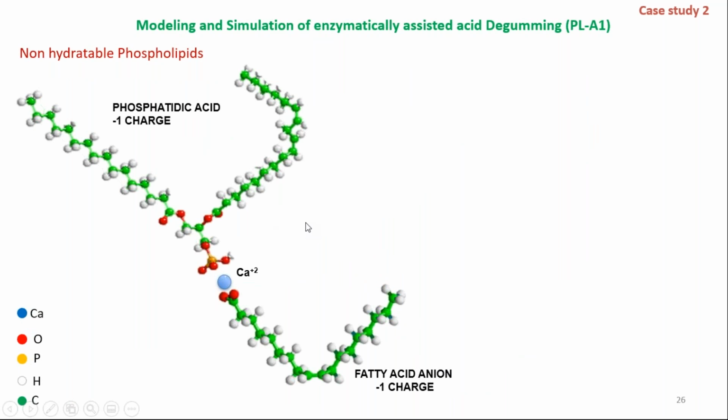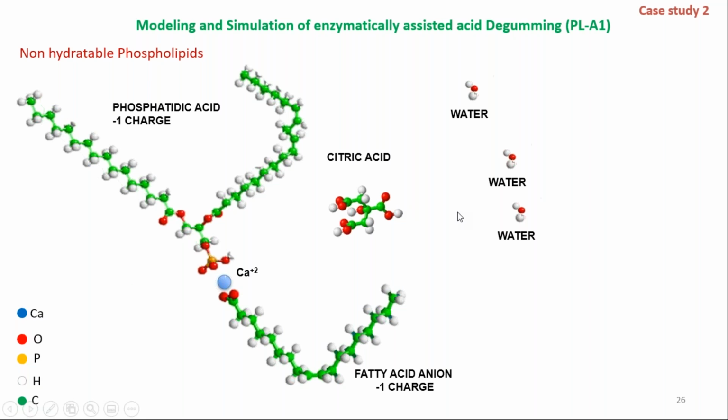Okay, so here in this slide, I have put citric acid, which is one of the typical acids that we use to cut this bond. Basically this reaction is a cationic exchange reaction. What we are doing here is using a stronger acid, which is citric acid.